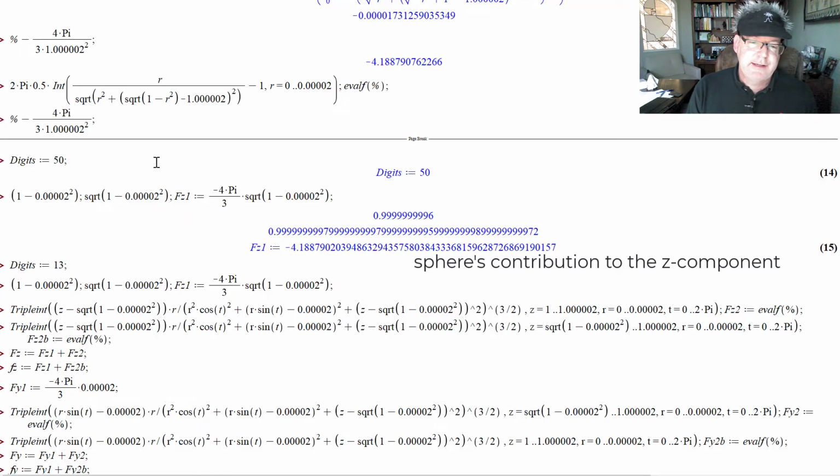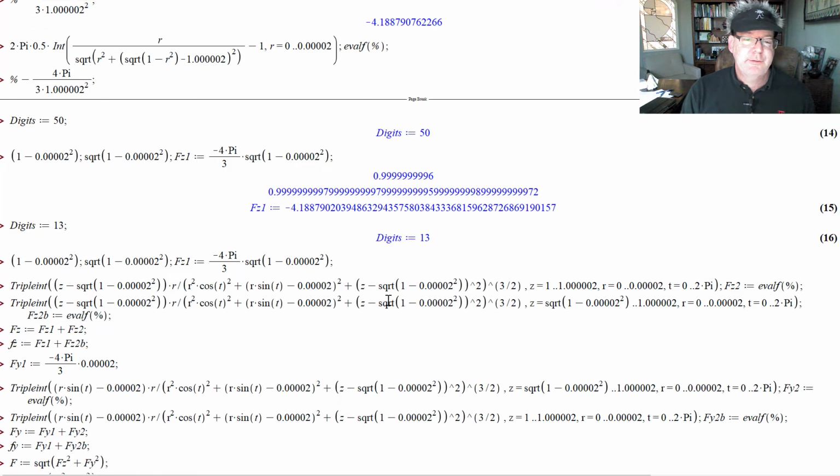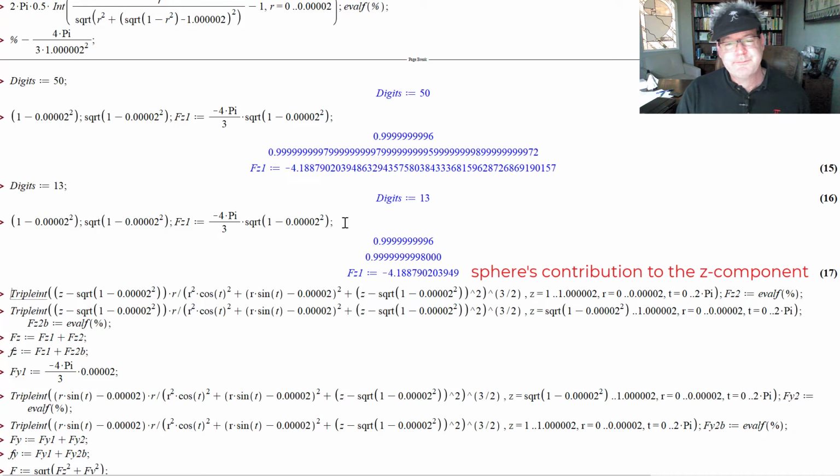Just to see a lot of decimals here. With this radius, this will be the z value, roughly. And then the z component of the force of gravity. But 50 digits was too much, so let's look at it with 13 for the integrals.